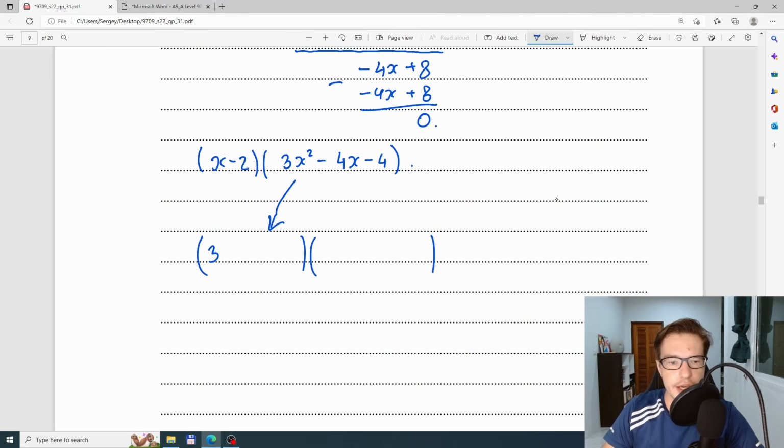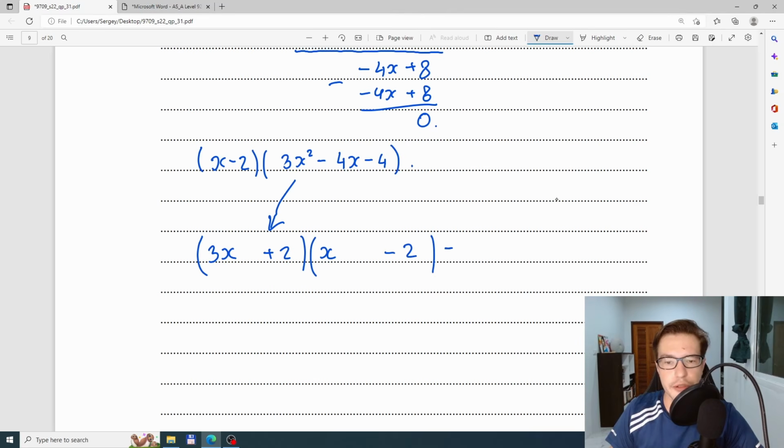So I would say we're going to have 3x in the bracket on the left side and x in the right bracket. Now, when I multiply the numbers, I should get minus 4. There are multiple ways to do so. It could be 1 and minus 4. It could be as well 2 and minus 2. And I think I'll just take a guess and say that it's going to be plus 2, minus 2.